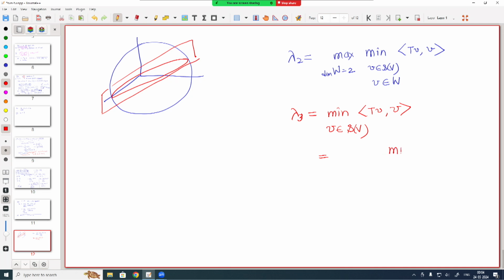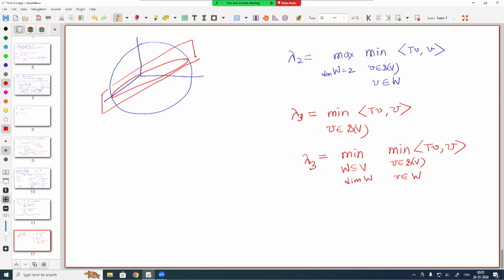I will first find the minimum on this section, on this circle, and then further minimize over all circles. This is a silly way of saying it maybe, but I am writing it like this to contrast it with lambda 2.